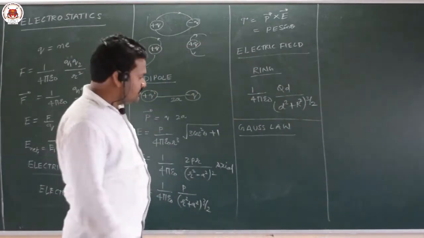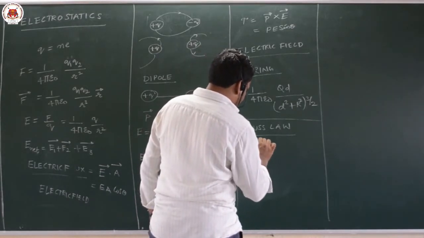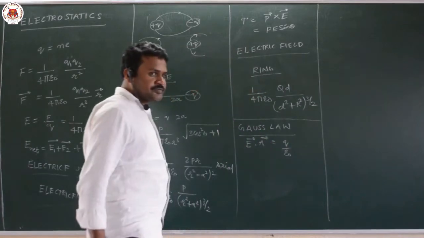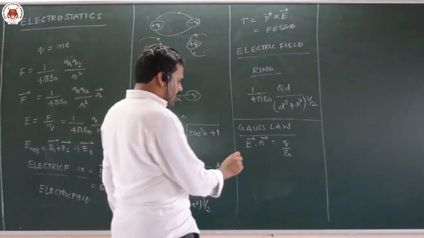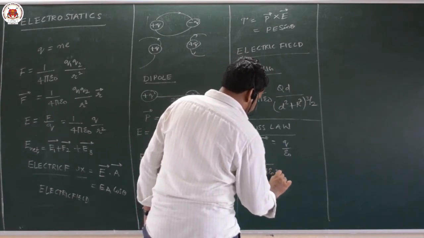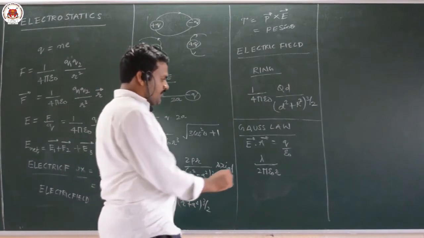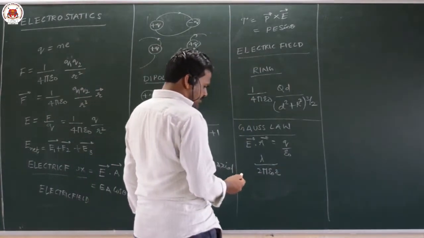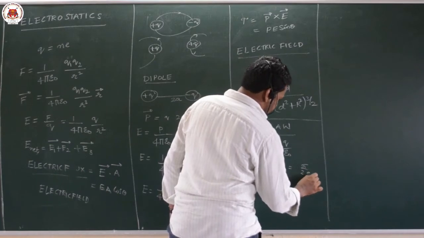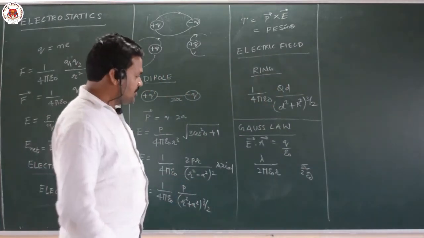According to Gauss law, electric flux E bar dot A bar is equal to Q by epsilon naught, and electric field due to a wire is lambda by 2 pi epsilon naught R. This is due to a wire, Gauss first application. Next, sigma by 2 epsilon naught is the electric field due to an infinitely long sheet.